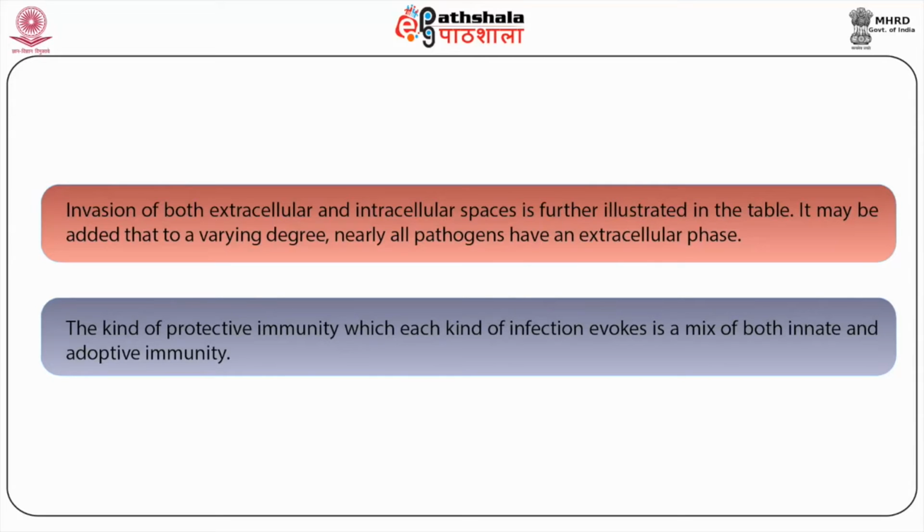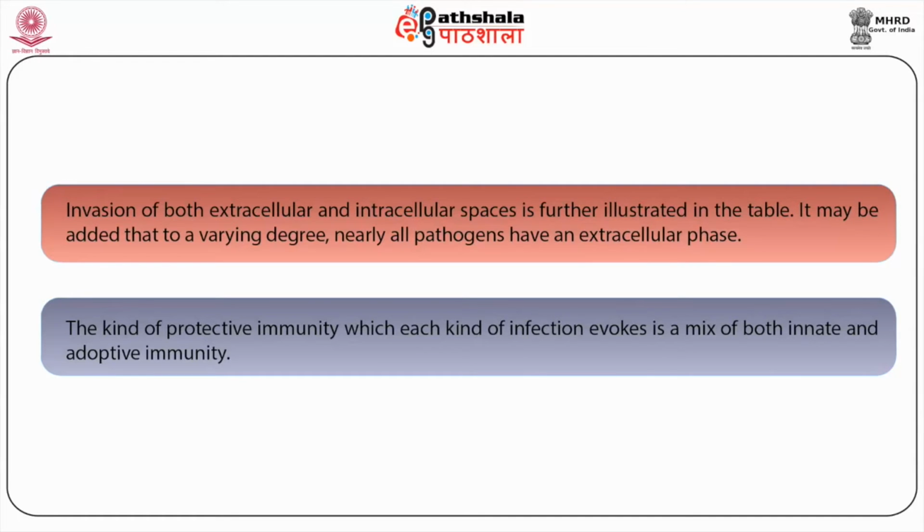As we can see from this table, the extracellular spaces are either interstitial spaces, blood, lymph, and then we have epithelial surfaces. Among the intracellular space, we can talk of the cytoplasmic kind or the vesicular kind.